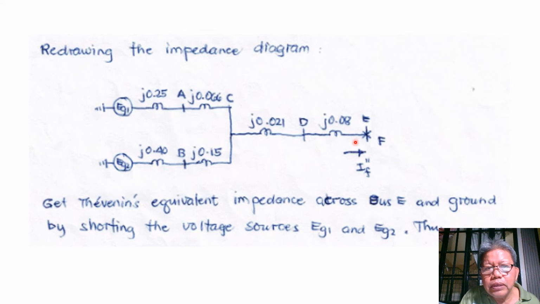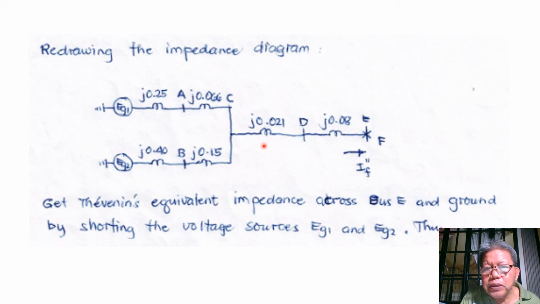Now, redrawing the impedance diagram reflecting the new values of our reactances, we have this. For generator 1, we still have this generated voltage per phase, and its reactance is now equal to j0.25, and this is the new reactance of T1. Then for generator 2, its new reactance is 0.4, and for T2, its new reactance is 0.15.